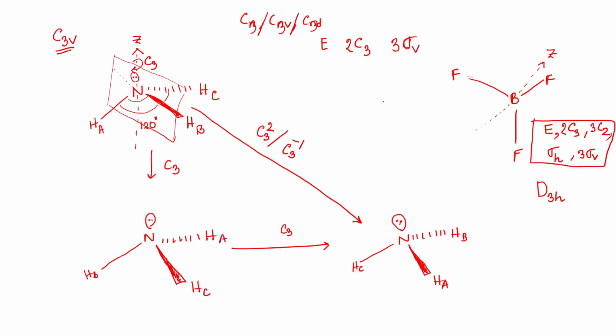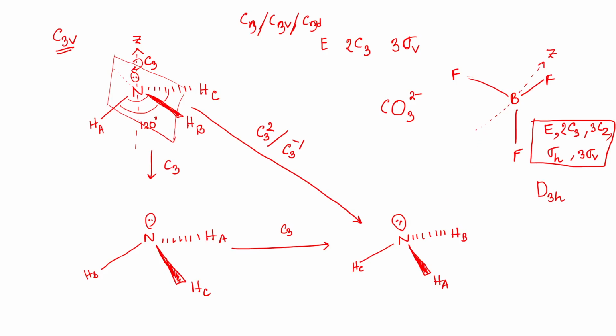You can even be given a problem in an assignment, such as the carbonate ion. Carbonate is CO3 2 minus, as in sodium carbonate. So how does it look? It will look similar to BF3.